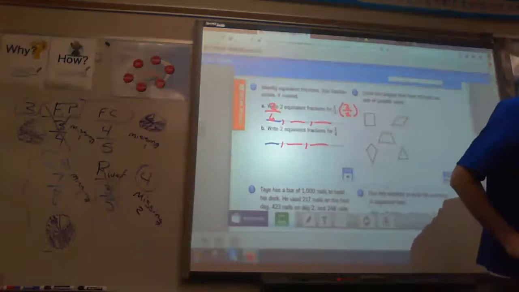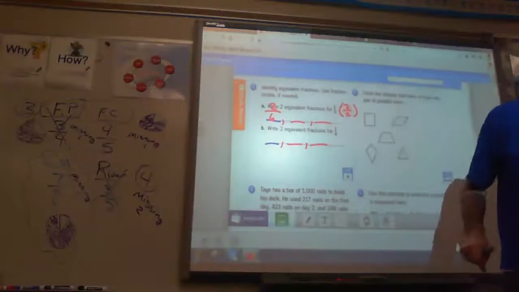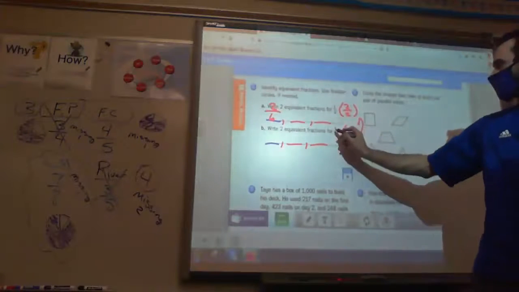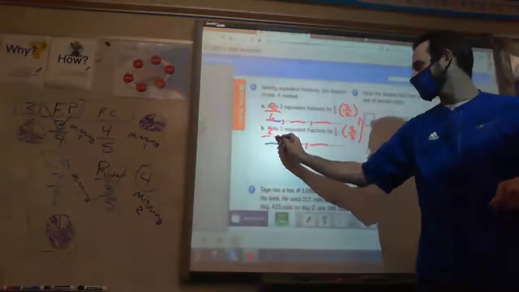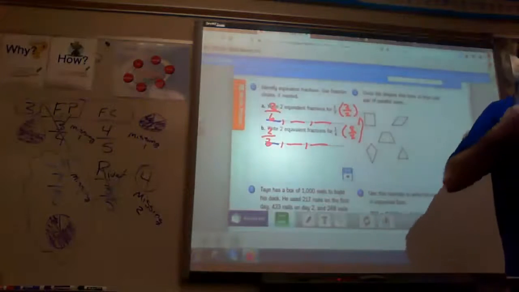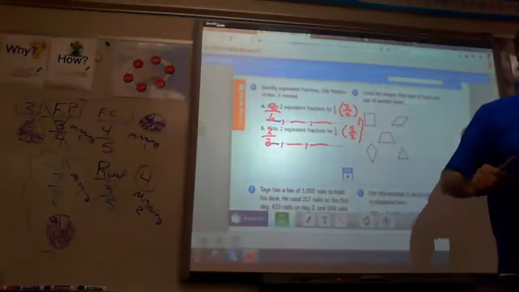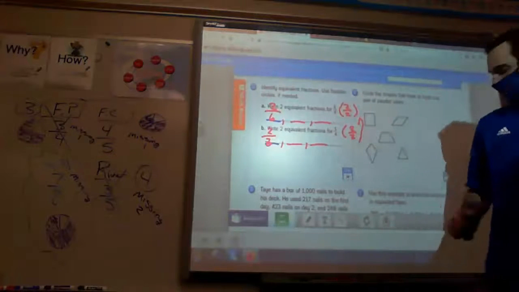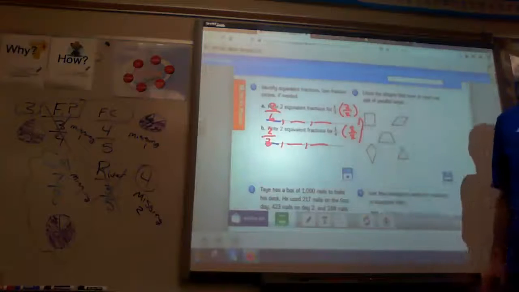You could do 3. And you could do 4 instead of 2. Here, watch, I'm going to do it for this one too. 1 times 2 is 2. 4 times 2 is 8. You could take 1/4 times 3. You could take it times 10. You could take it times anything, but whatever you do to the numerator, you have to do to the denominator.